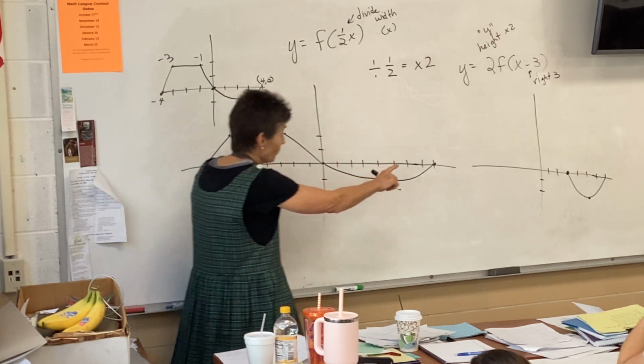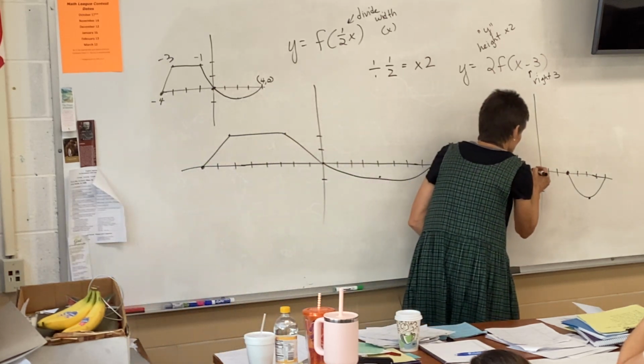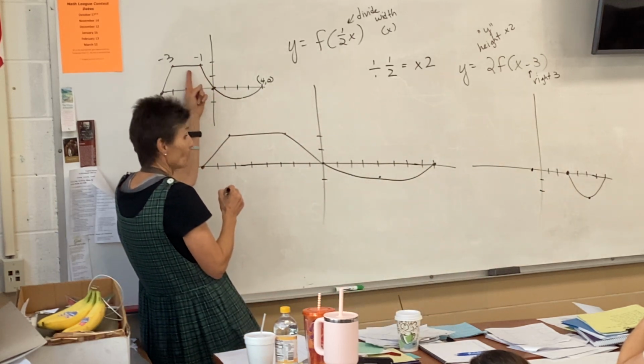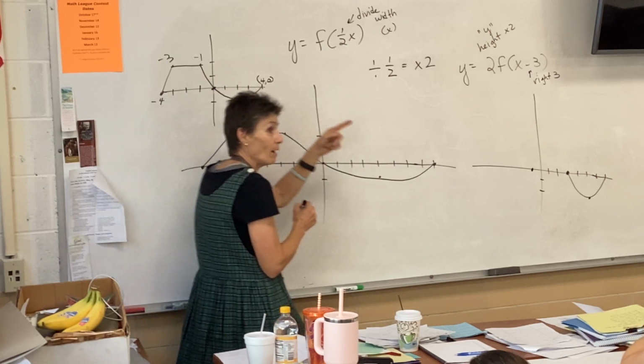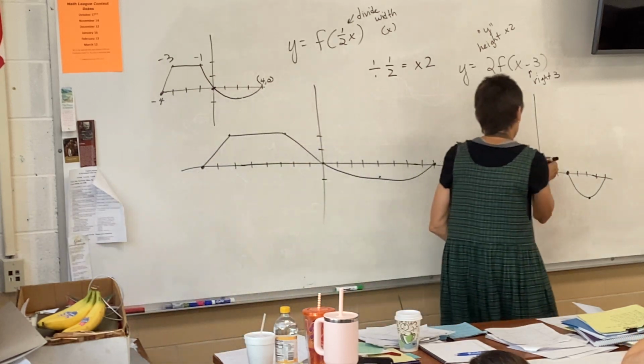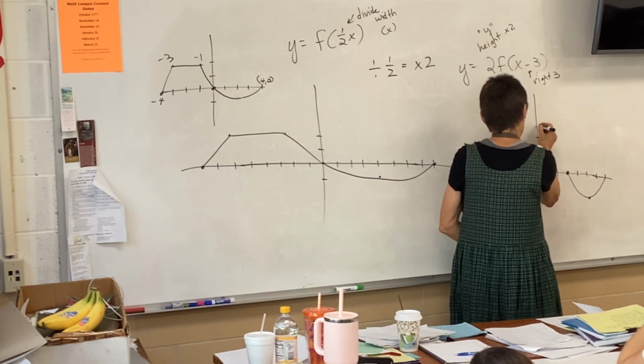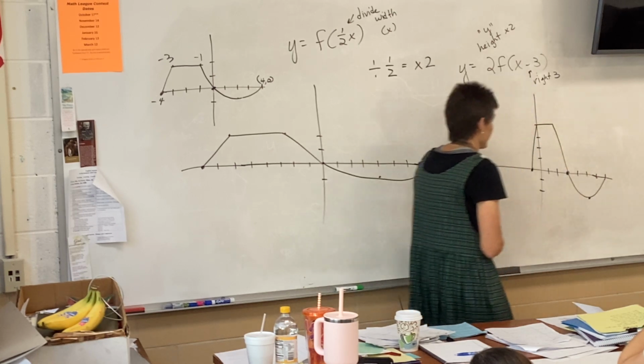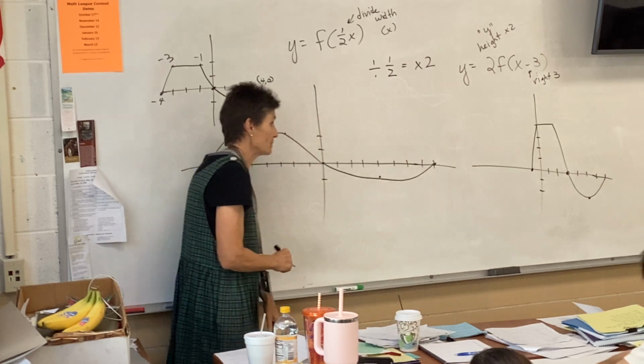Alright, now what about my trapezoid? Well, I'm gonna tack it on there. But it is going to be how tall? Originally it was 2, so now it's gonna be 4. So there's my trapezoid.